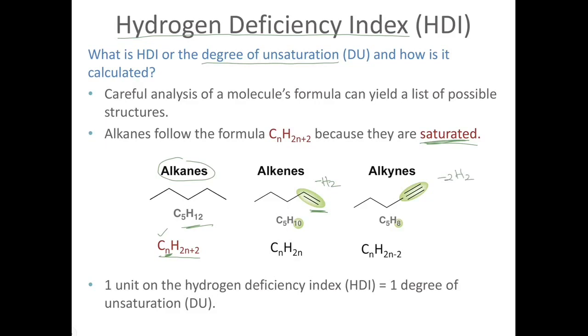So we can use the hydrogen deficiency index to tell us the degree of unsaturation. This alkene here has 1 degree of unsaturation. The alkyne has 2 degrees of unsaturation. So in other words, 1 unit of hydrogen deficiency index equals 1 degree of unsaturation.